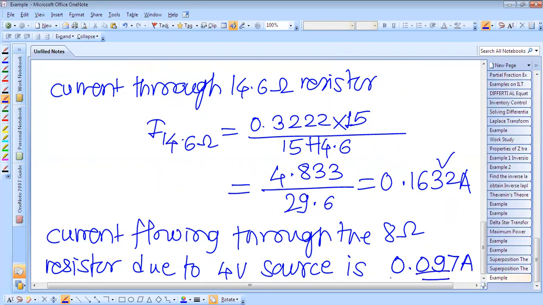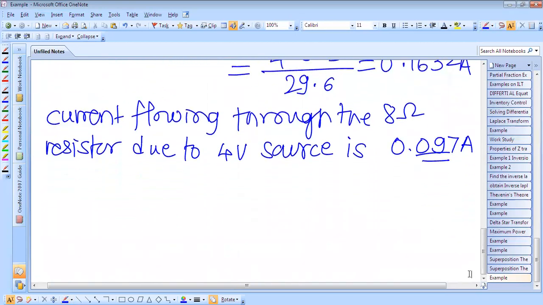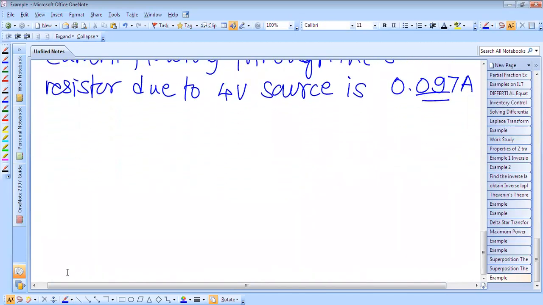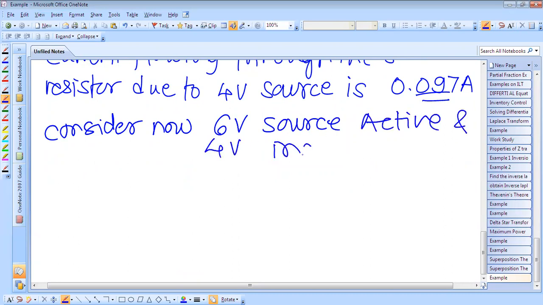Now we have to find the current flowing through the 8 ohm resistance due to the 6 volt voltage source, and we have to consider the first voltage source now inactive. Consider now the 6 volt source active and the 4 volt inactive.